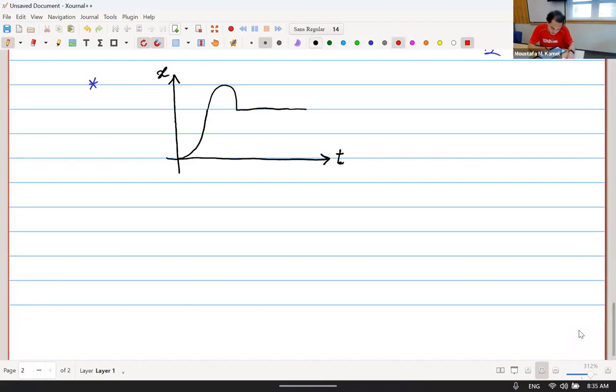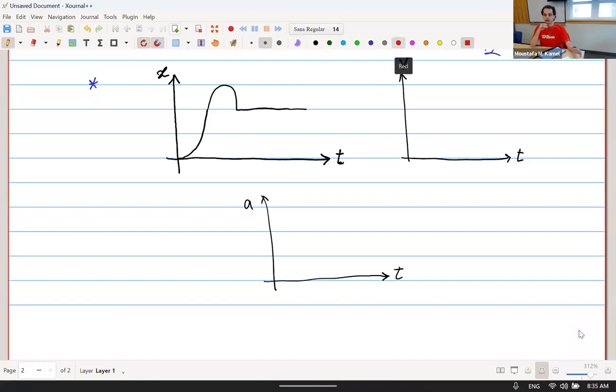And you are asked to get the velocity versus time graph and acceleration versus time graph, because this is what you will see in the lab. So we said velocity is the slope of position. So we will look at the slope and how it varies on the x-t graph.